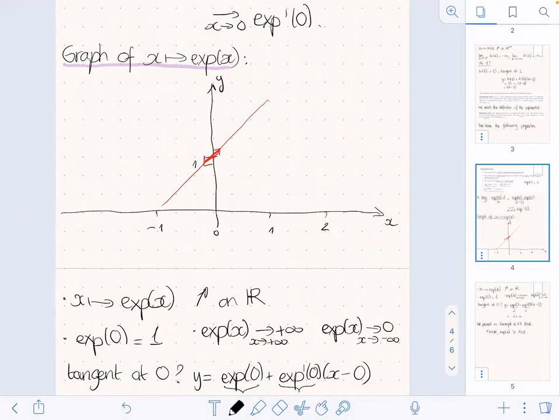So if I try and do that, we get something like this. As you probably know, it goes quite quickly to plus infinity, and it also goes quite quickly to 0. What I've drawn is a rough sketch of the curve of the exponential function.